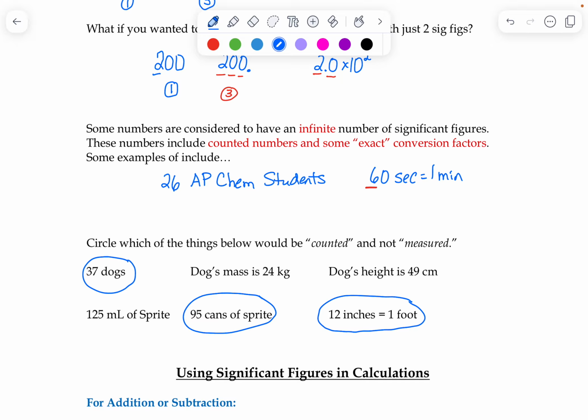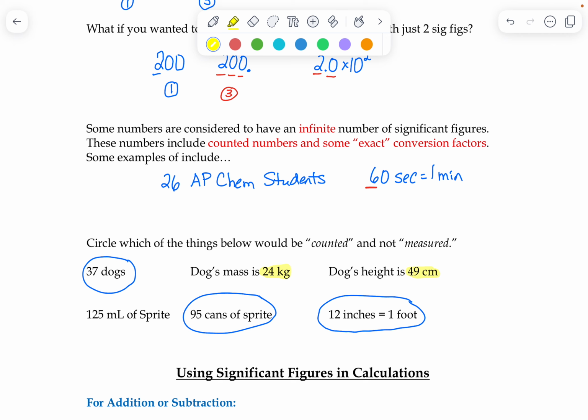But these other ones here, a dog's mass is 24 kilograms. We'd need a balance. We'd need a scale, a measuring tool. That's a measurement, not counted. We would need a ruler to measure the dog's height. Measurement. Estimated digits. That 9 is a guessed number.